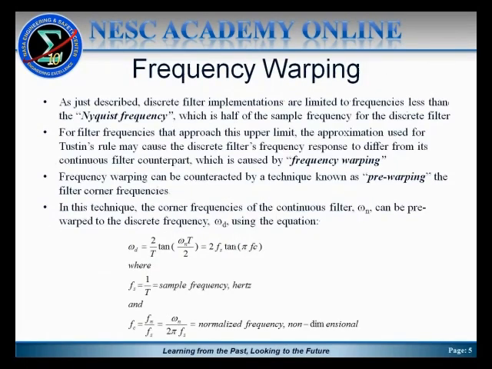I'll discuss briefly a technique which is not often used, but sometimes is, referred to as frequency warping. As described earlier, discrete filter implementations are limited to frequencies less than the Nyquist frequency, which is half the sample frequency. But if you have a filter that approaches that limit, the approximations used in Tustin's rule might cause a discrete filter's frequency response to differ from its continuous filter counterpart, which is caused by what's called frequency warping.